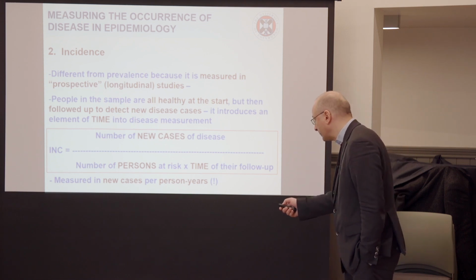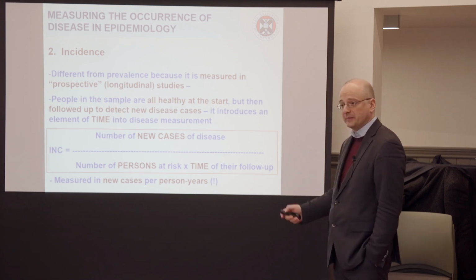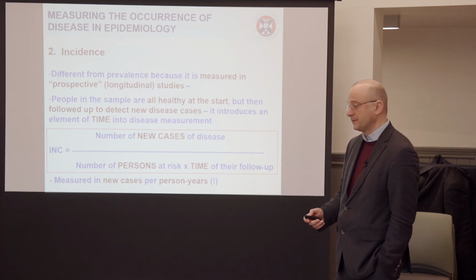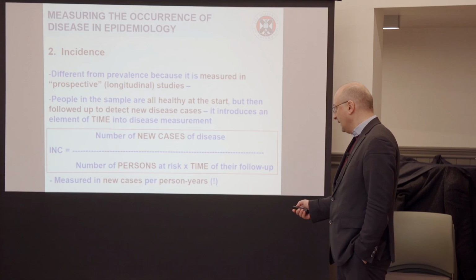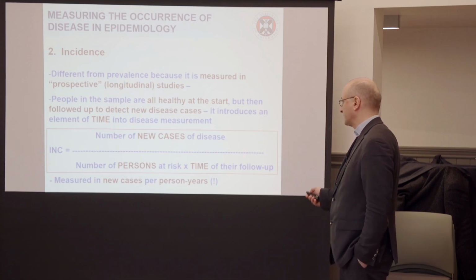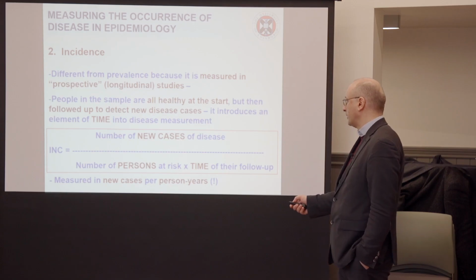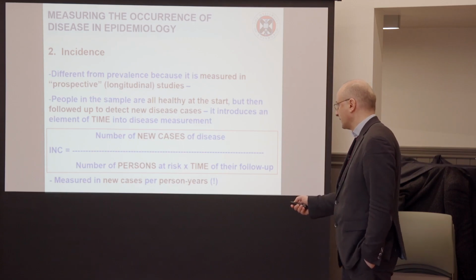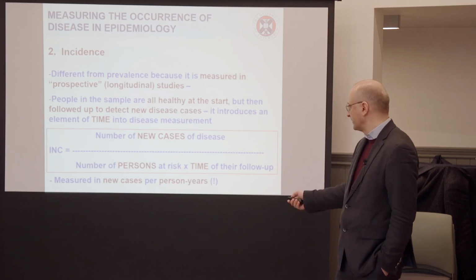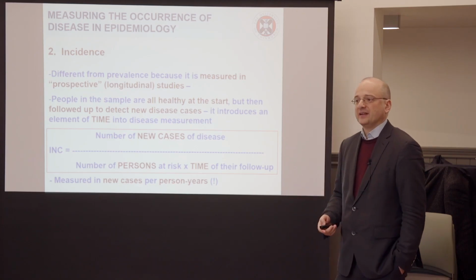Over the number of persons at risk, remember this, at risk, times the time of their exposure, or follow-up. And this is why you have to look at the unit. Number of cases, so that's just a number, over number of persons, but time, years. So person years. Incidence is measured in person years.